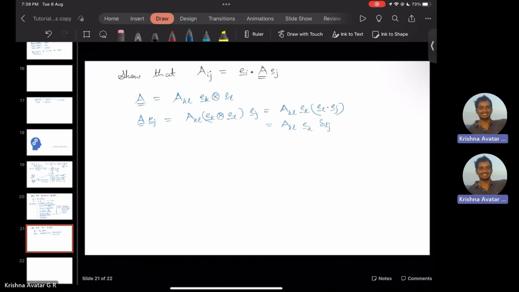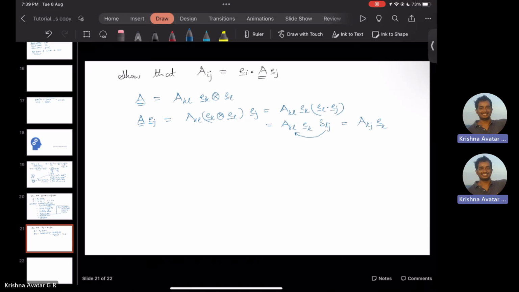Now what you see here is that l is being repeated, isn't it? So it will just substitute that with the other index that the delta has. So this becomes A_kj e_k.